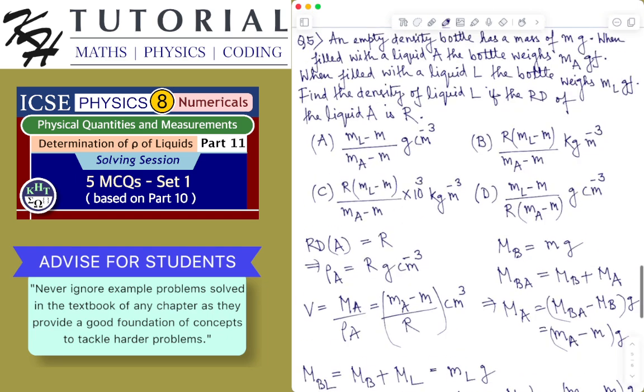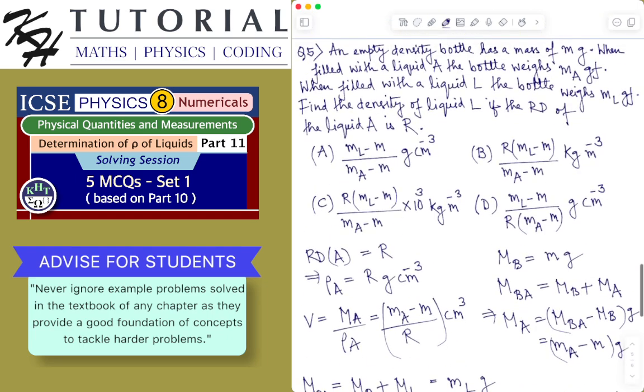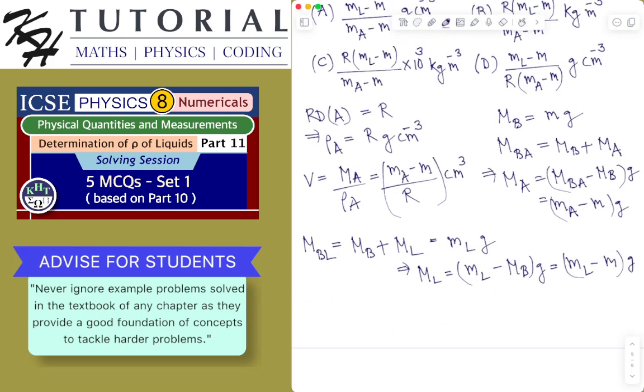What was the question about? Find the density of the liquid L. We have found that the mass of the liquid L completely filling the density bottle is ml minus m gram.